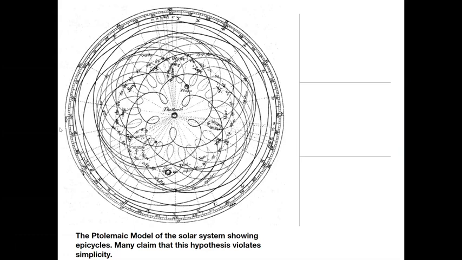So this violates our notion of simplicity, because the heliocentric model can explain this in a much simpler way than having to postulate these elaborate ellipses or epicycles, right? So that's an actual scientific example of simplicity in action.